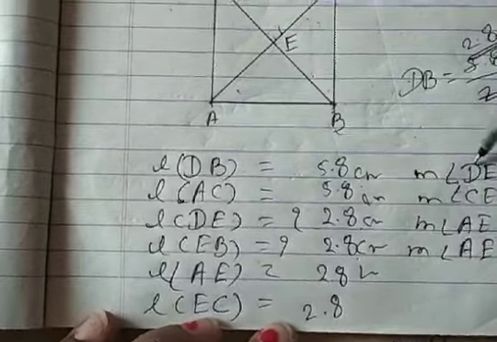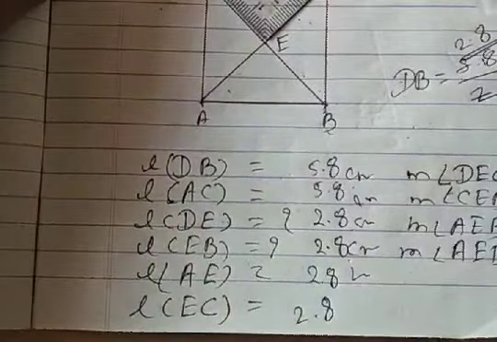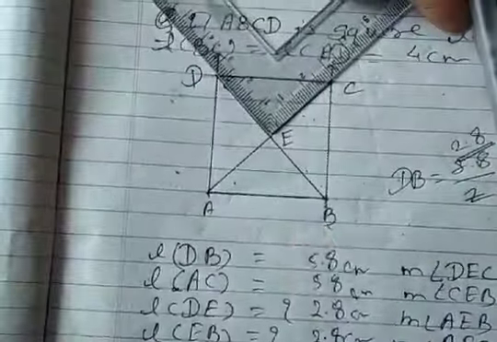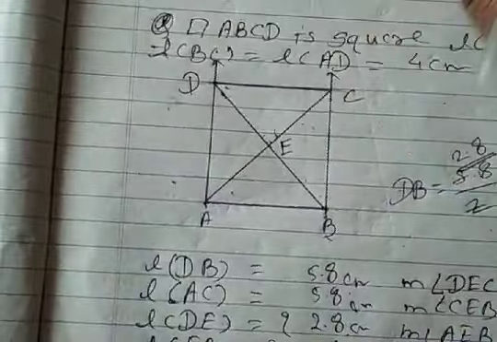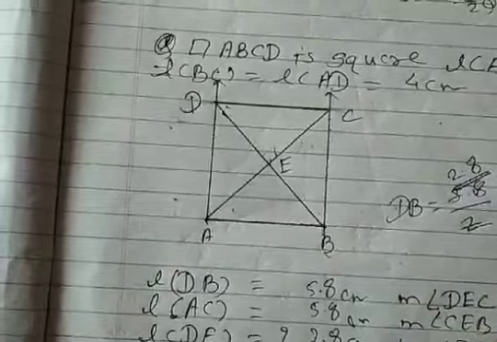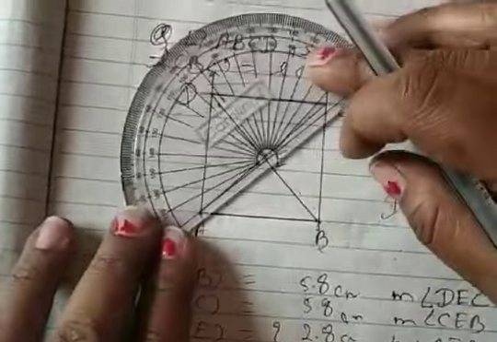Now if you see here angle DEC, if I show you here, you will notice that we are also using a set square to measure the angle, and here you will notice that its measure is 90 degrees. Otherwise, use the protractor and measure the angle.